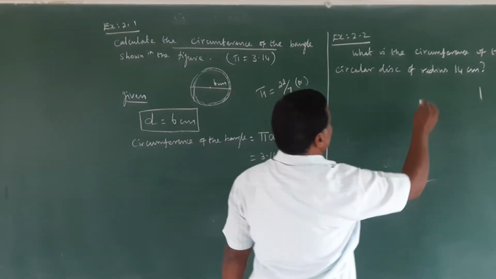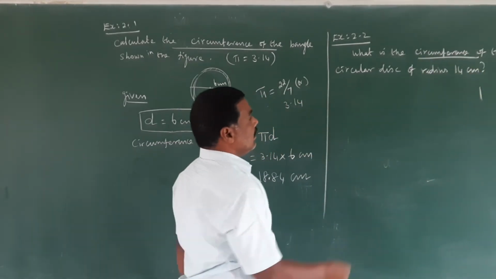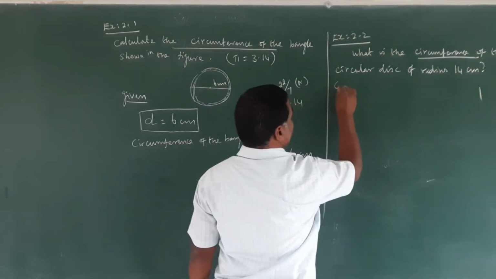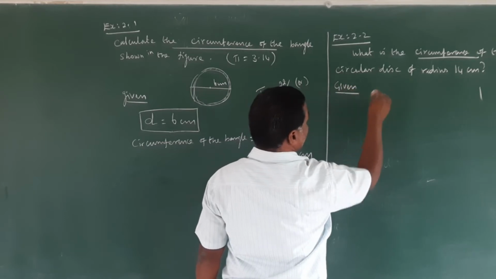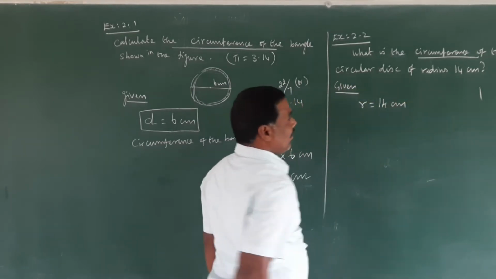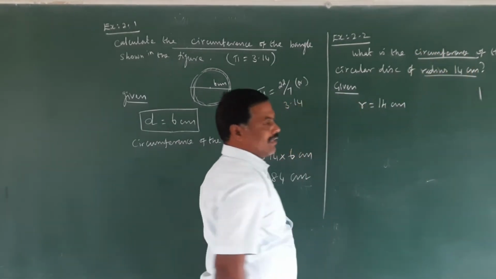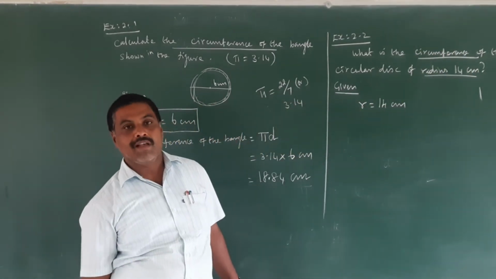The given value is r equals 14 centimeter. The radius is given. Find out the circumference of the circle.